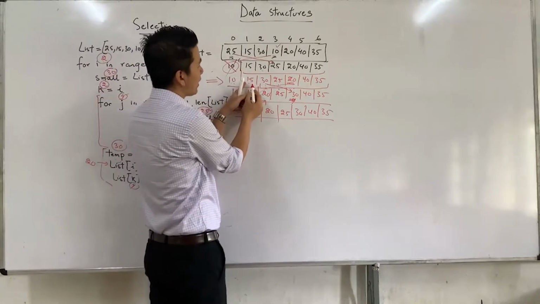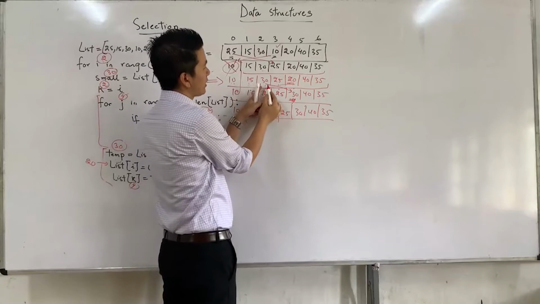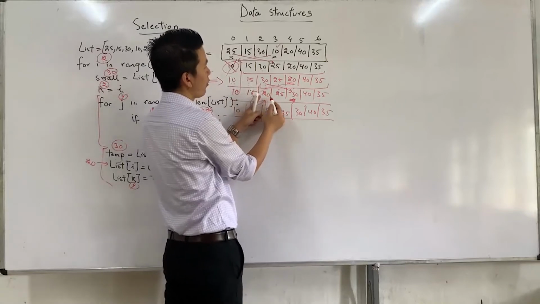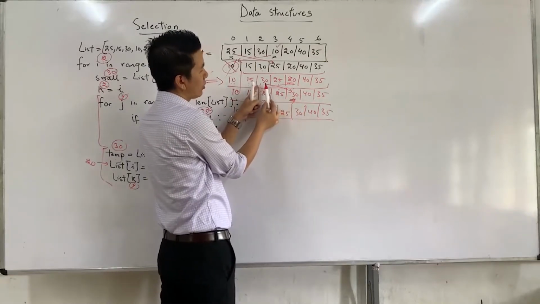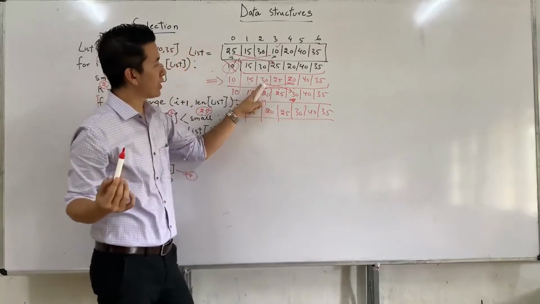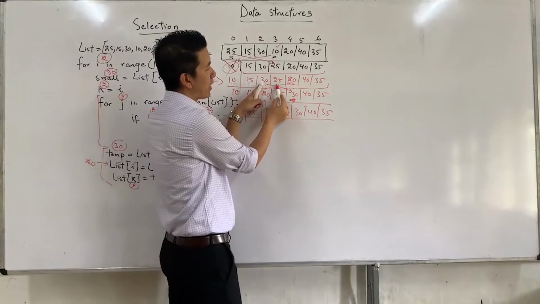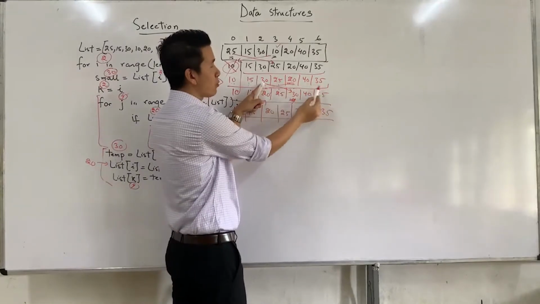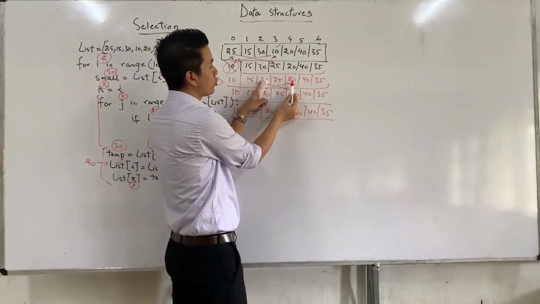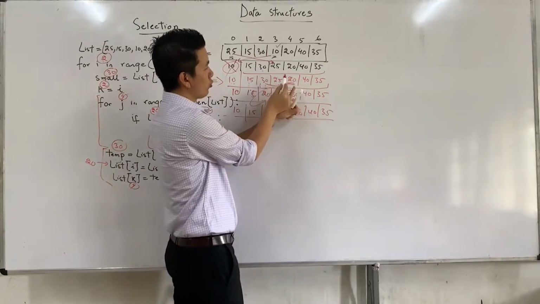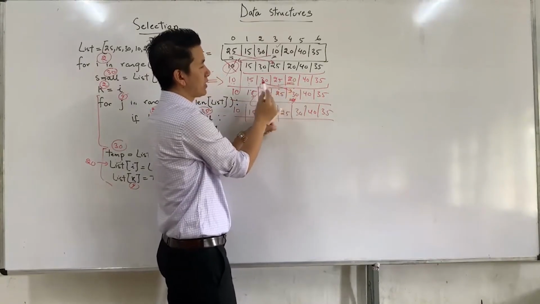And then, it starts from here. Again, I'll record this in the small variable. From here on, I pick up the smallest, which is 20, and then 20 and 30 will change their respective places.